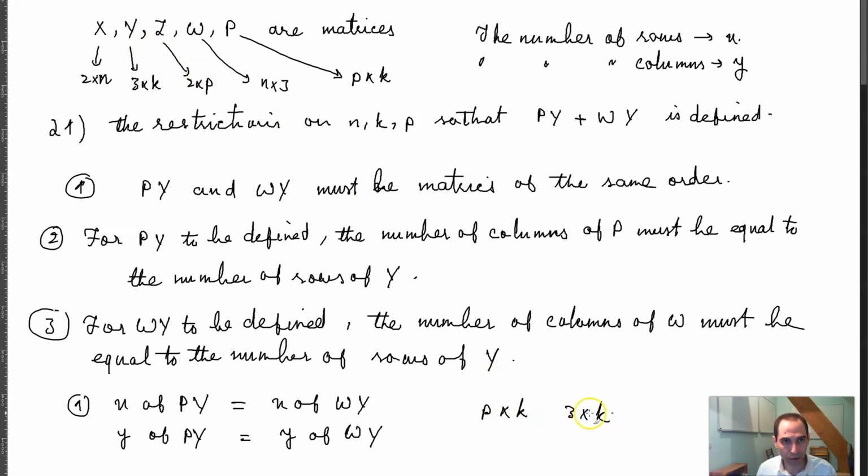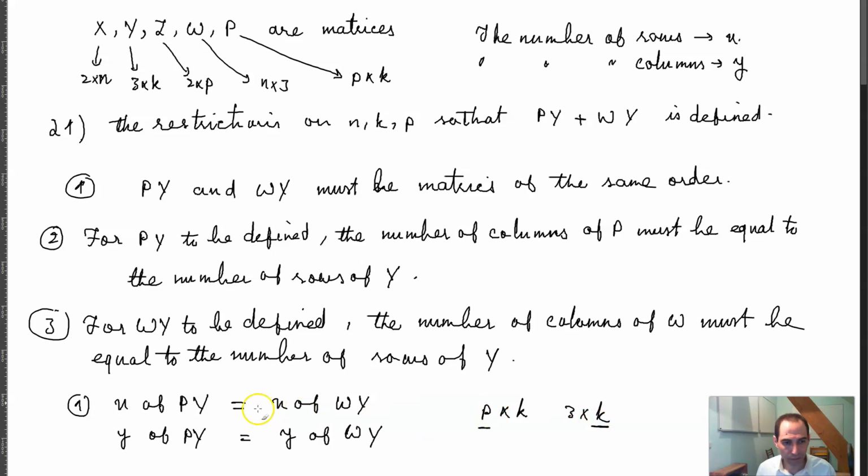So when you multiply these two, the number of rows and columns of the product is going to be p and k, right?